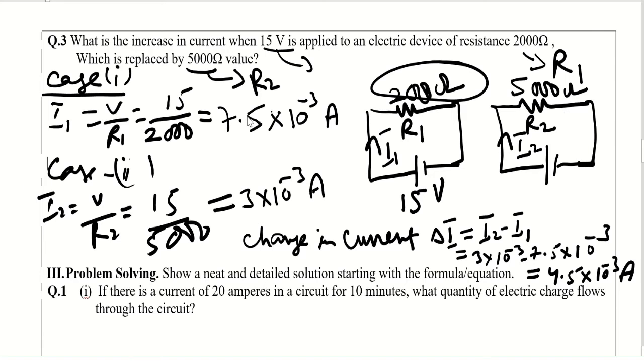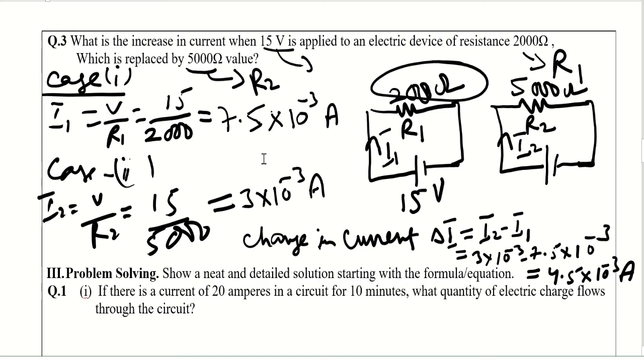Now in this question, I have drawn two circuits and there are two cases. In case 1, when the resistance is 2000 ohm, the current I1 is coming 7.5 into 10 to the power minus 3 ampere.